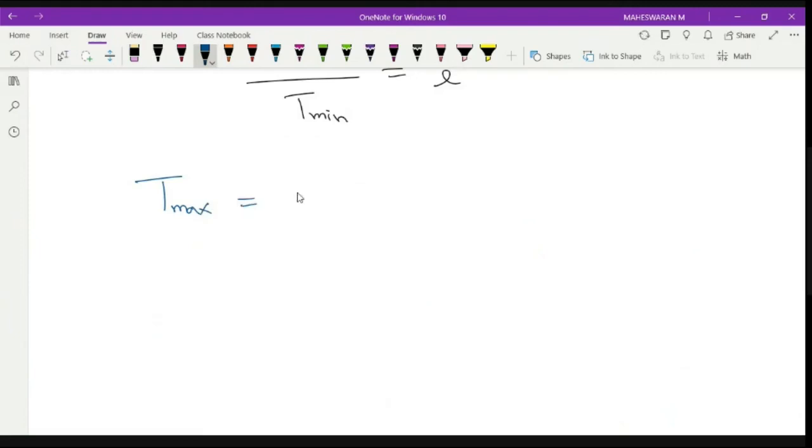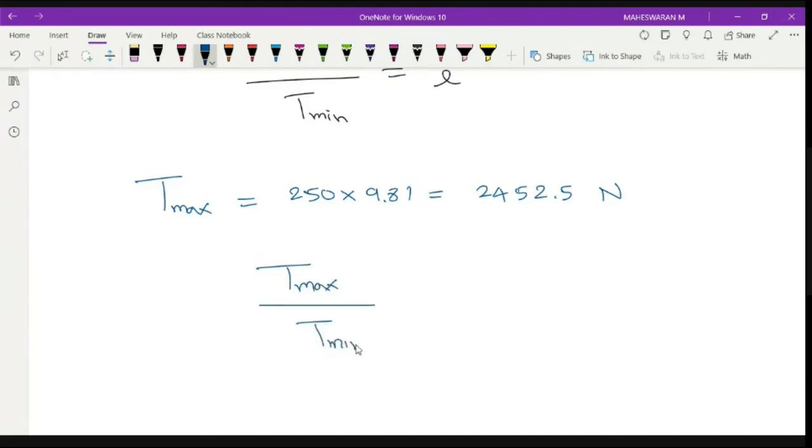T max is 250 into 9.81, converting into Newton, which gives 2452.5 Newton. So this is my T max. According to this, the formula is T max by T min is equal to e power mu theta.